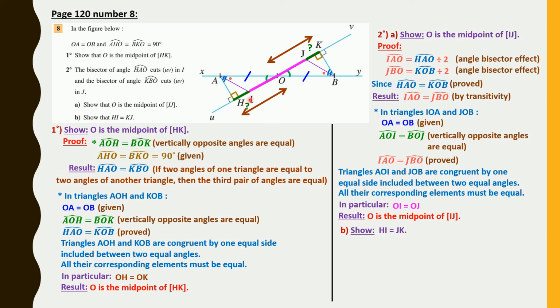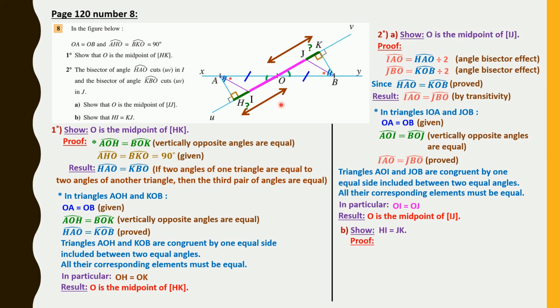What do you think about segment HI? It's a part of segment OH. HI is equal to OH minus OI, and JK is equal to OK minus OJ. So we can write them in the form of differences of two segments that are respectively equal. And by transitivity, these two segments will be equal.